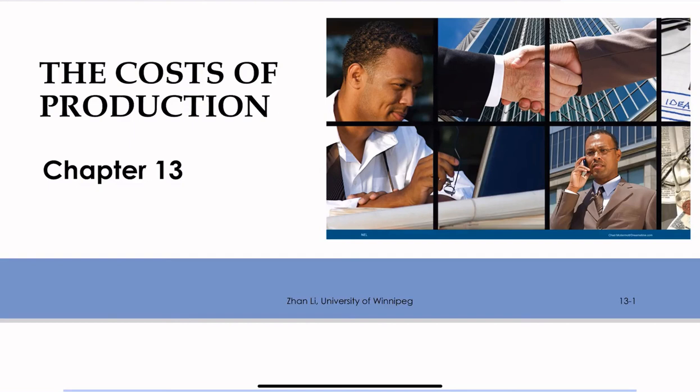The second part is about production, that is, about firms and how firms determine the price and quantity they want to produce. To understand firms' behaviors, we will first understand the costs of production.